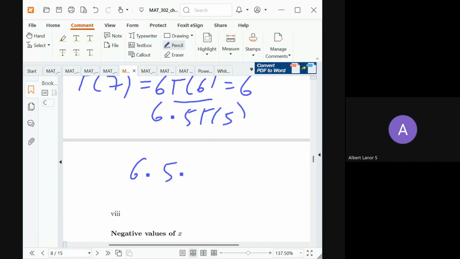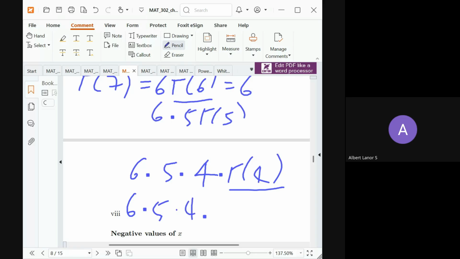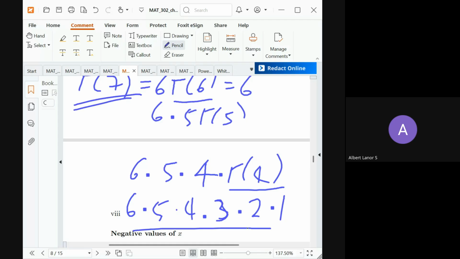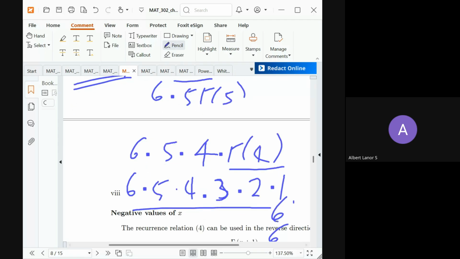Now gamma of 5 is 4 times gamma of 4. So I'm going to do it this way: 6 times 5 times 4. Now gamma of 4 will be 3 times gamma of 3, and gamma of 2 will be 2 times gamma of 1. And we know that gamma of 1 is 1. So I see that gamma of 7 is 6 factorial. 6 factorial means I'm multiplying 1 to 6.